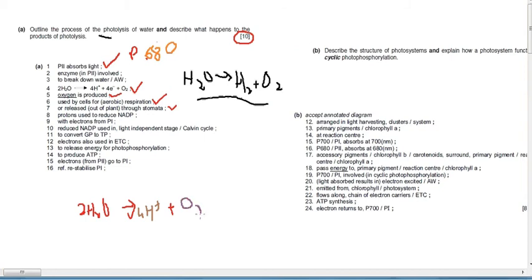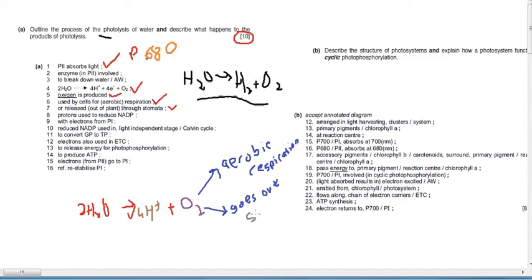Now this oxygen goes into two places. Oxygen goes in aerobic respiration, okay, and then it also goes out through the stomata, okay.